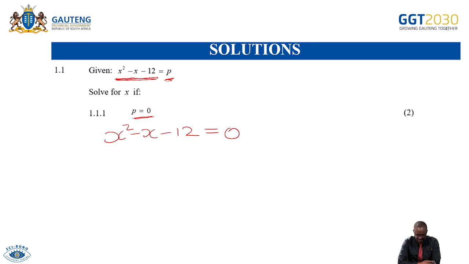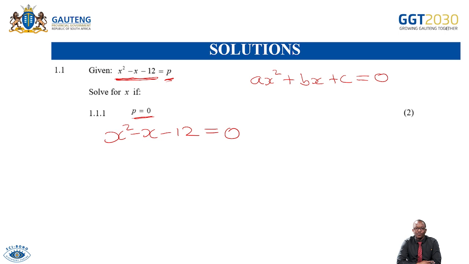Now looking at our equation there, it's in the form ax squared plus bx plus c is equal to 0. When it's like that, we say it's in the standard form.